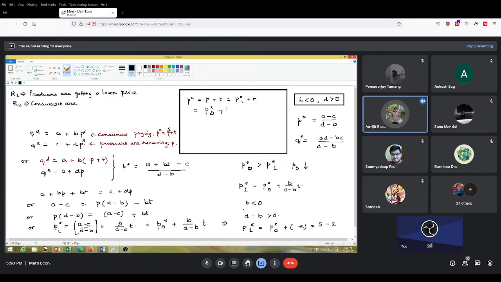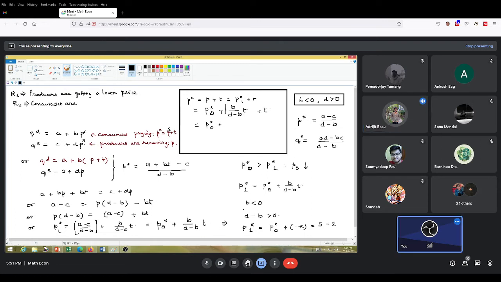So why is it P star 0? P star 0 was the previous price. Now I've not written it, so plus D into... It's not very easy to write over here, it puts a bit of strain.